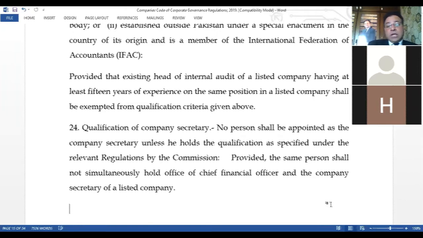So here we conclude today's session on the topics of these three key professionals. If there is any question before we conclude, please. I hope all the participants have assimilated these points, and the regulations are, in fact, self explanatory.